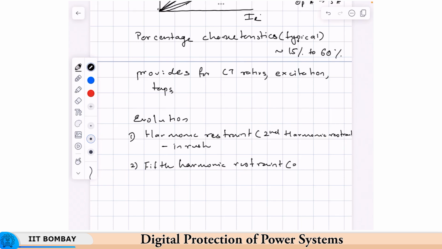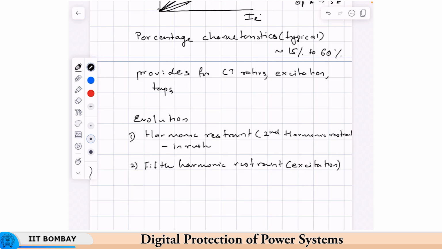Now, this is to take care of excitation current. The excitation current has about 11% of fifth harmonic.